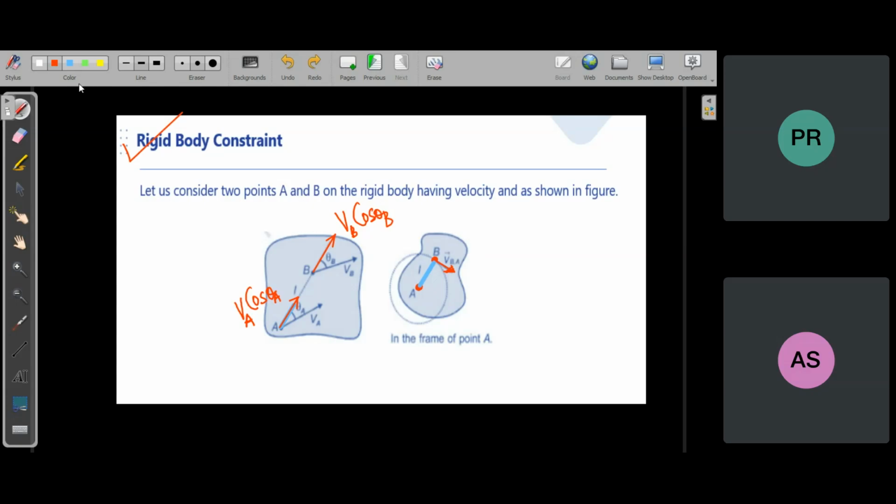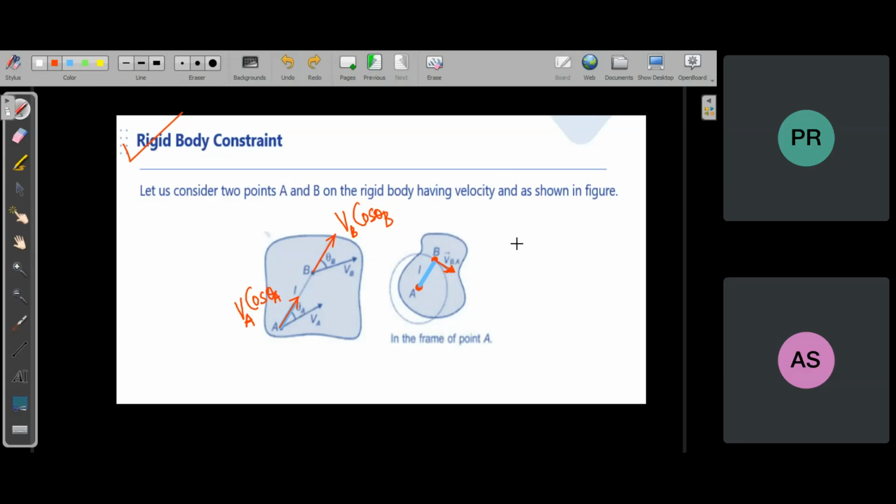Means there will be no relative velocity along the line joining them, but there will be relative velocity in the perpendicular direction to AB.